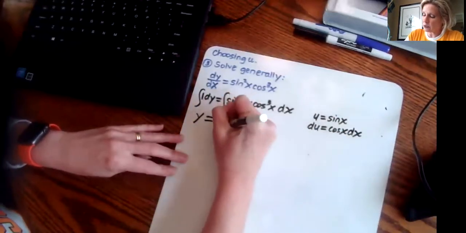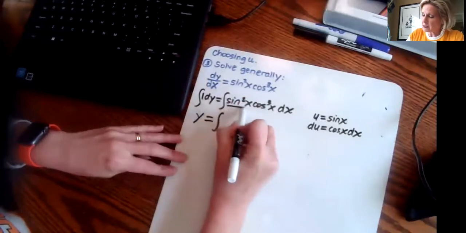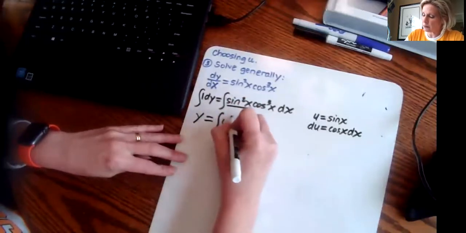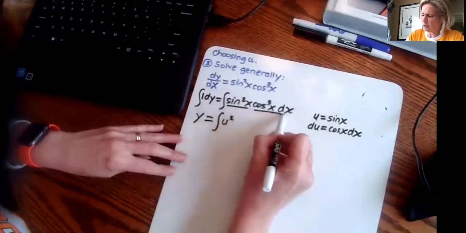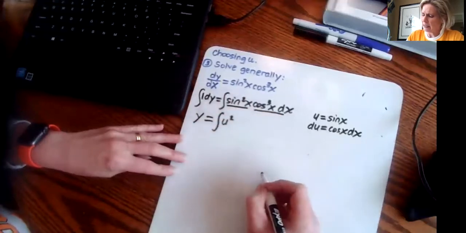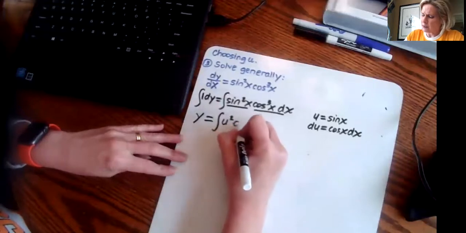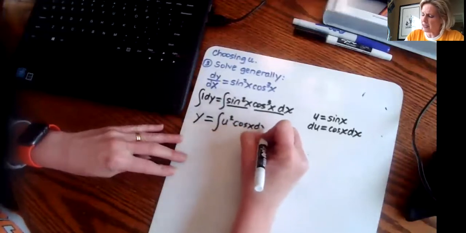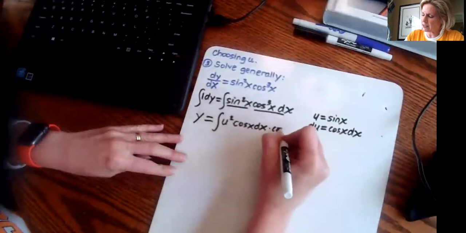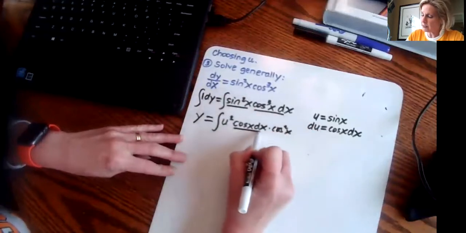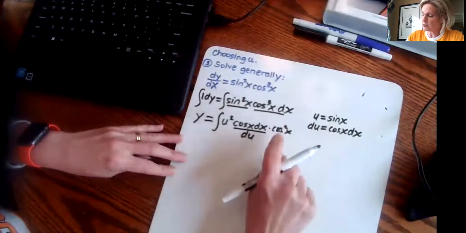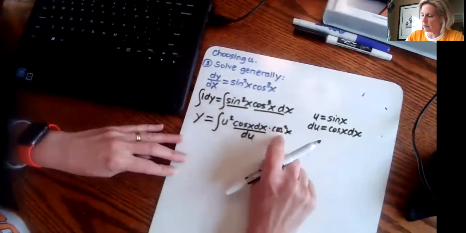Okay, so now I'm to the point where sine squared x becomes u squared. But this cosine cubed dx, I mean, that's going to give me cosine x dx times cosine squared x. And you might think, well, that's a weird way to write it, but this is my du. But I've still got this weird cosine squared in there.